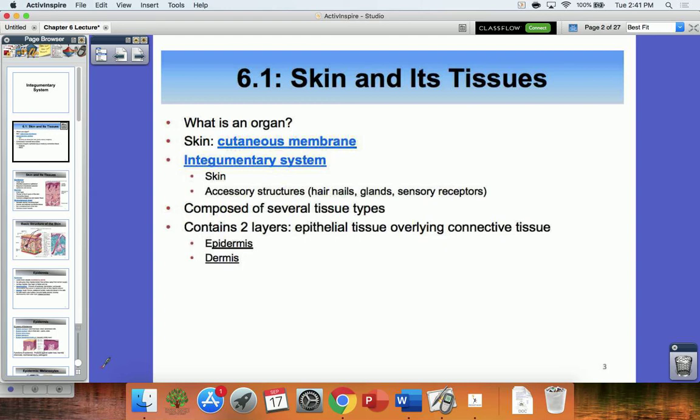The epidermis is going to be that top layer, and the dermis will be the second layer, or the one that's underneath the epidermis. Anytime you see the prefix epi, that kind of means outside or top layer, and you'll see epi a lot from this point on in A&P as a prefix.